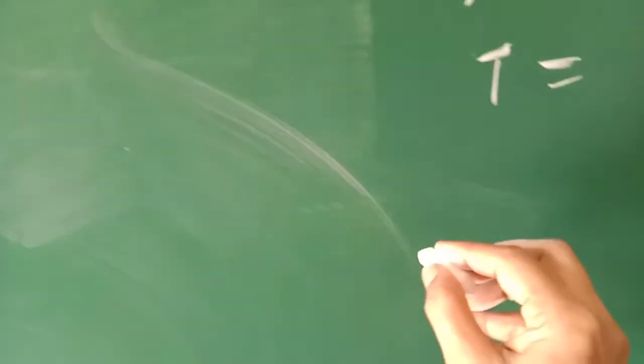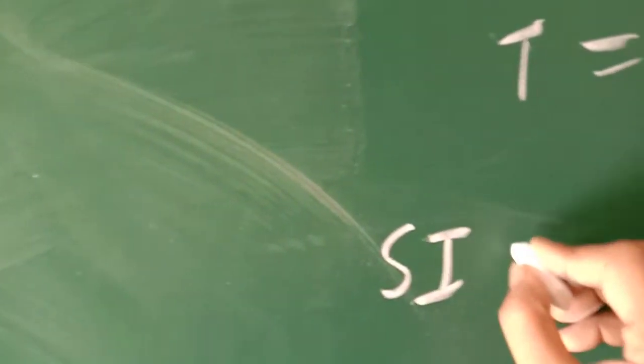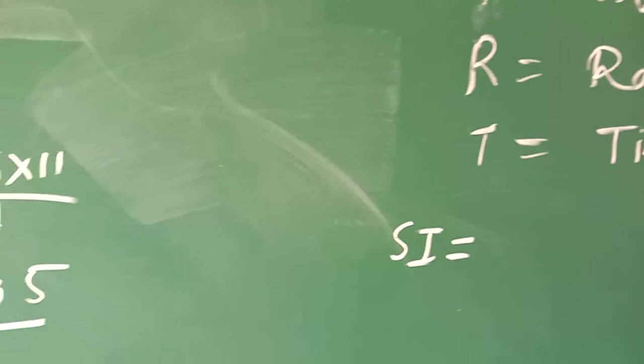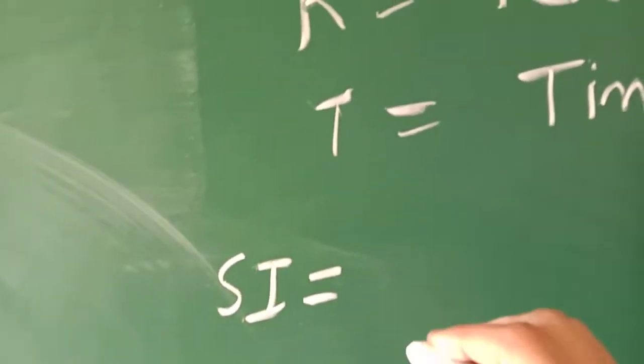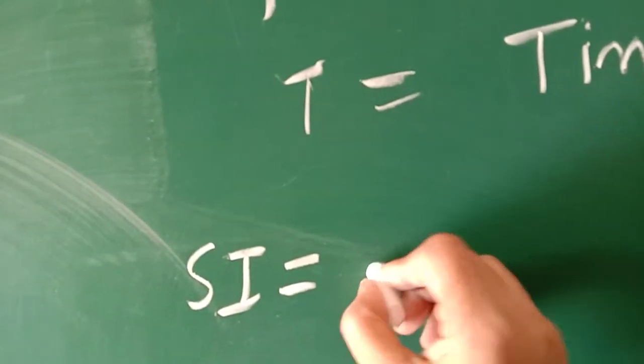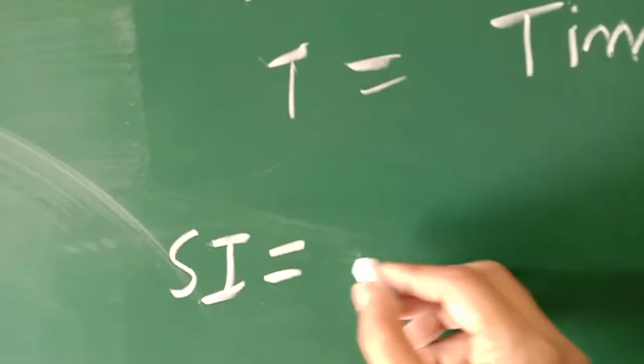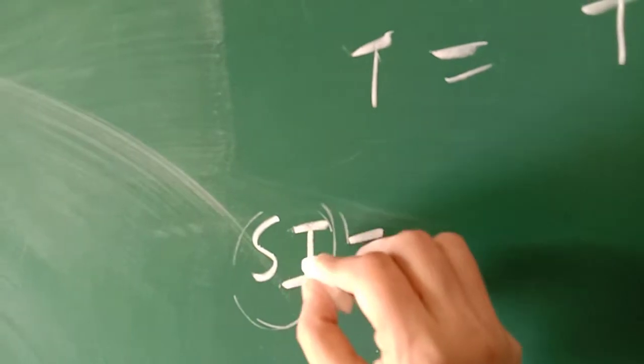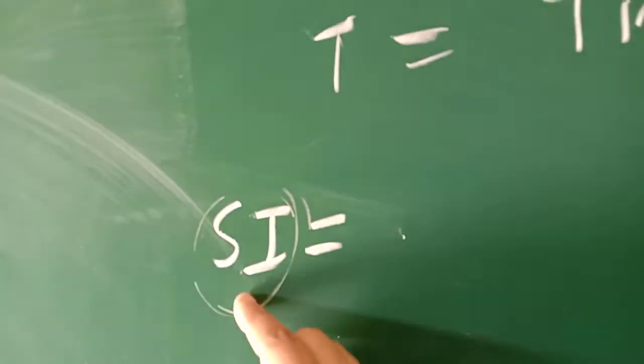So when you are depositing some money in a bank, it is for security, but the money was also increasing in the bank. That increment part is known as simple interest. This interest, the extra money we are getting from the bank, is known as interest.